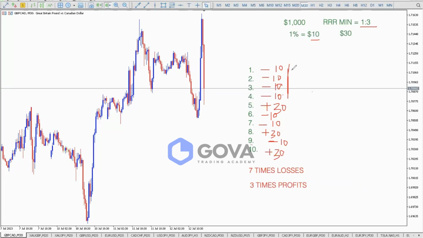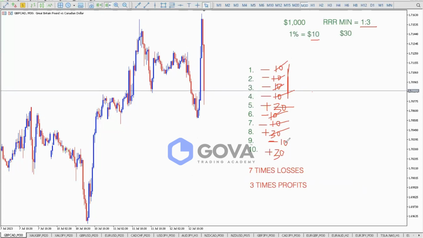So now let us calculate it. First of all, you can see this $30 here has erased 3 losses. The next $30 has erased another 3 losses.